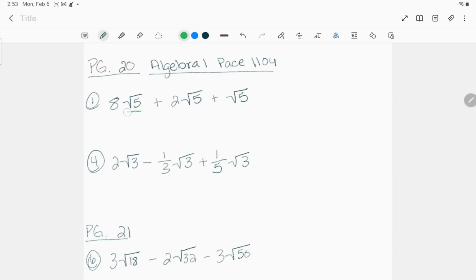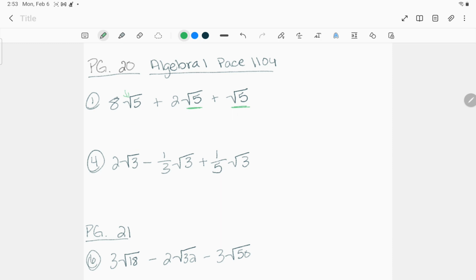As long as your radical is the same and your index is the same, then you can add them together. So the number on the inside has to be the same, and the square root or cubed root or whatever your root has to be the same. That is your index. This is your radicand.